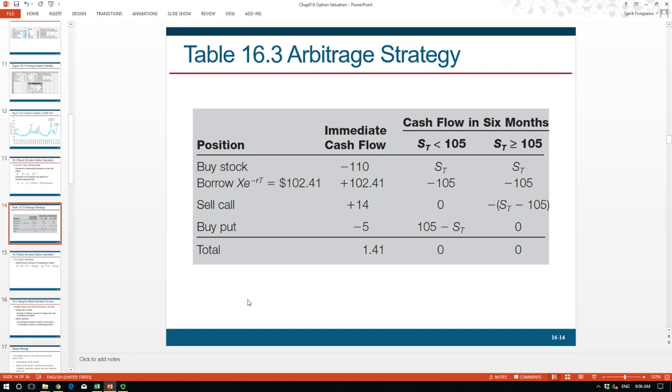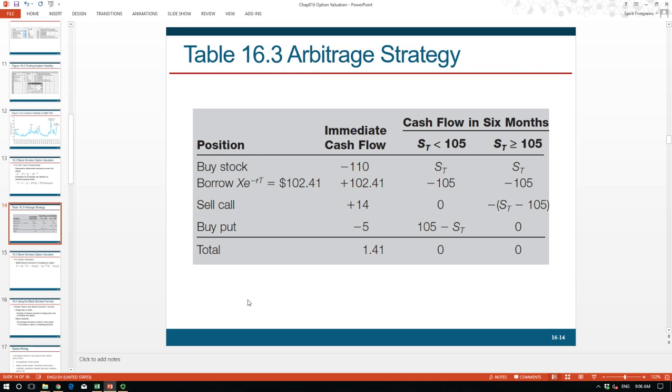So here, what you need to utilize is a very simple principle called put-call parity. You look at the call option price and the put option price: the call option price is $14, the put option price is $5. The difference is $9. And you know this number has to equal the stock price minus the present value of the strike price. But actually, the difference is not $9.